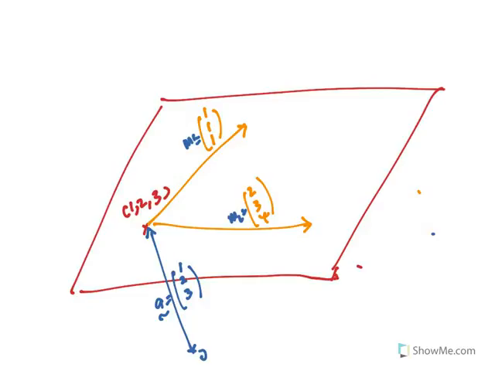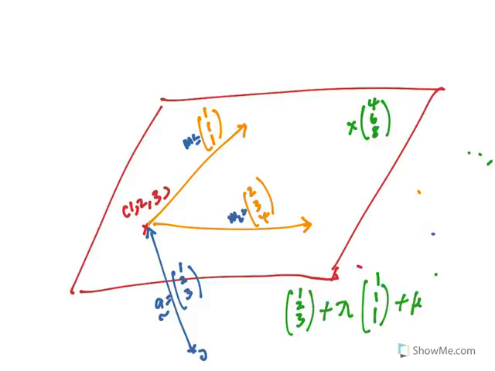Let's say I want to check if a point is on the plane. Let's say this point is (4, 6, 8). Can this point be represented by this? The equation of the plane is (1, 2, 3) plus lambda (1, 1, 1) plus mu (2, 3, 4).